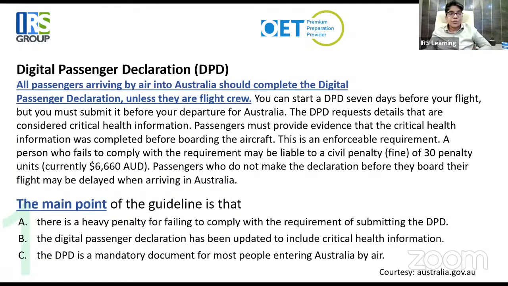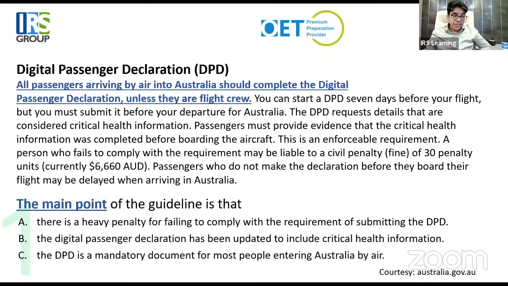So here are the options. What is the main point of the guideline? Is it that there is a heavy penalty for failing to comply with the requirement of submitting the DPD?